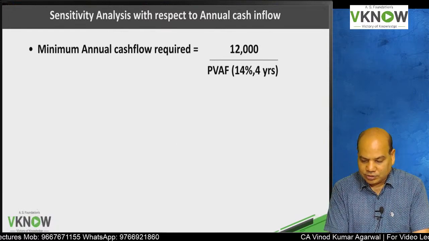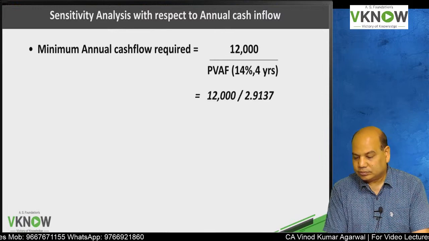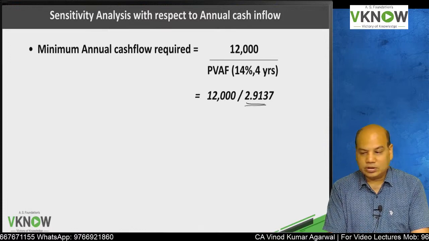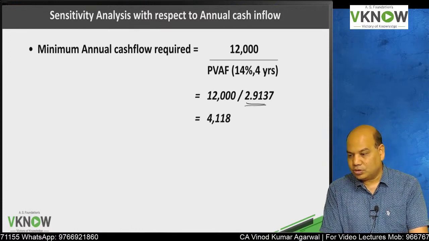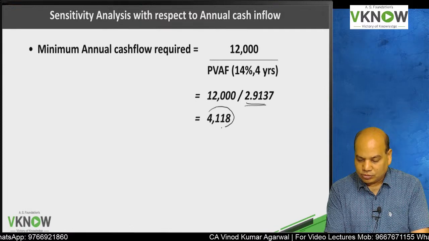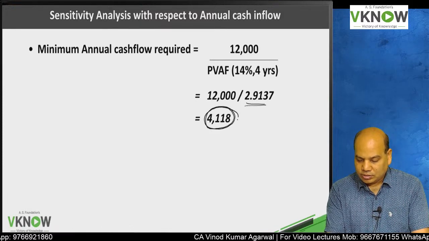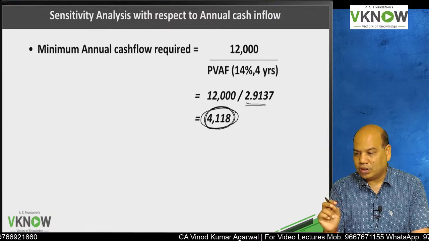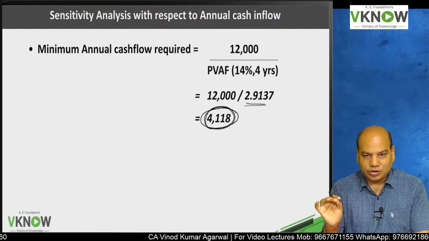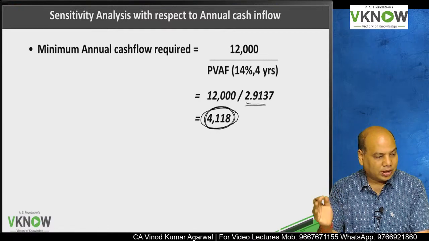So 12,000 divided by the factor given in the problem, 2.9137, so 4118. Your annual cash inflow should be at least 4118 so that the NPV is 0 or positive, not negative.